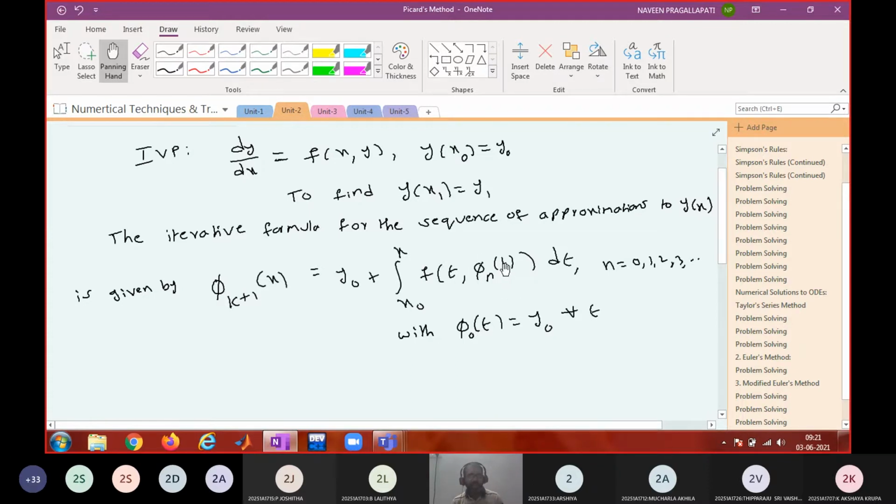So as long as you can integrate, or soon after you get a sufficient number of terms, you will stop the iteration process, and the last obtained phi is going to be an approximation to the unknown y. That is in terms of x. Then you substitute x equal to x1 in that function, and you get the particular value.